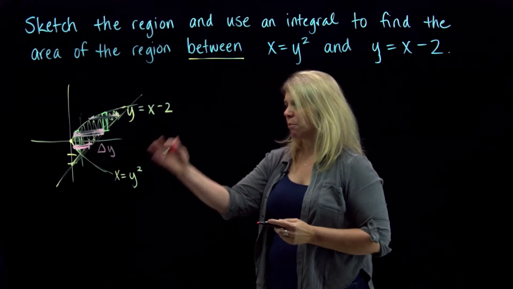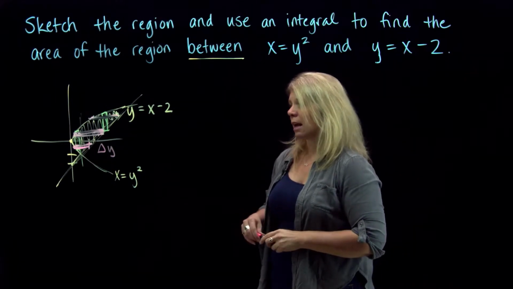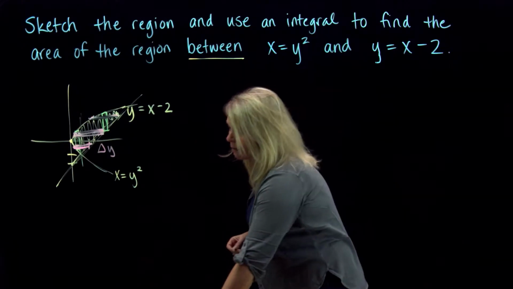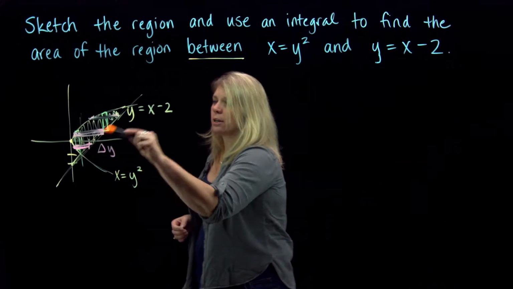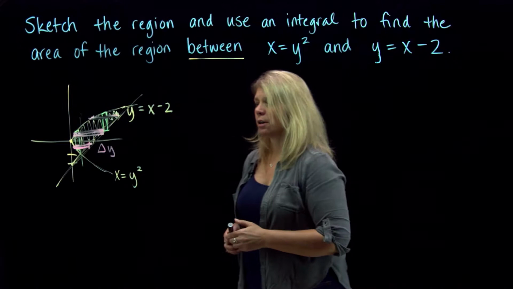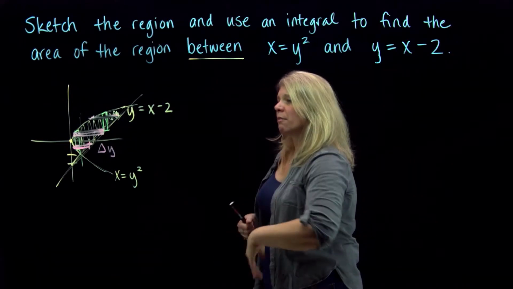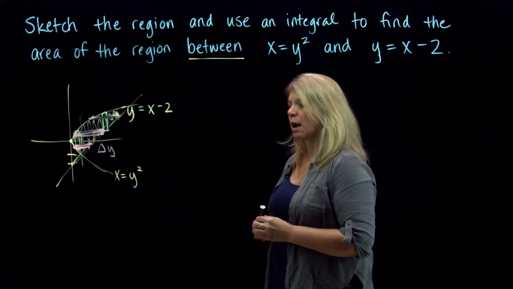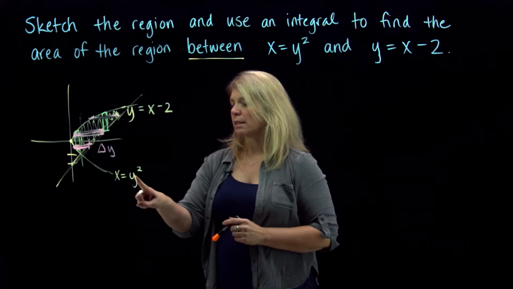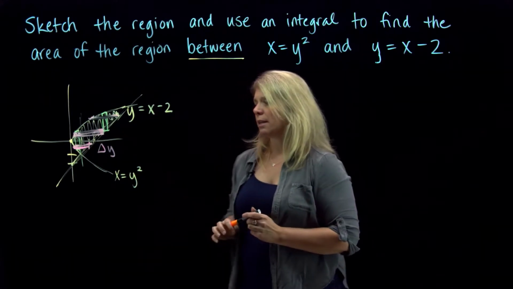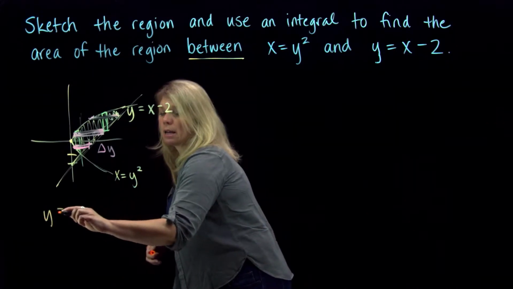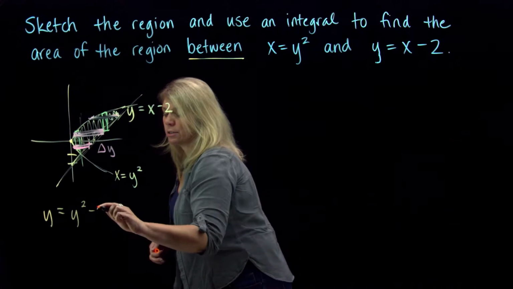The other thing that would be important about this graph, if it's not labeled and if you can't tell by just thinking about the functions and their behavior, is that you'd want to know the intersection points for these two curves. So again, you have a system of equations. You can think about solving this by substitution, perhaps. I have x equals y squared. So in place of the x in the other equation, I can put in the y squared. And I'd have y equals y squared minus 2.